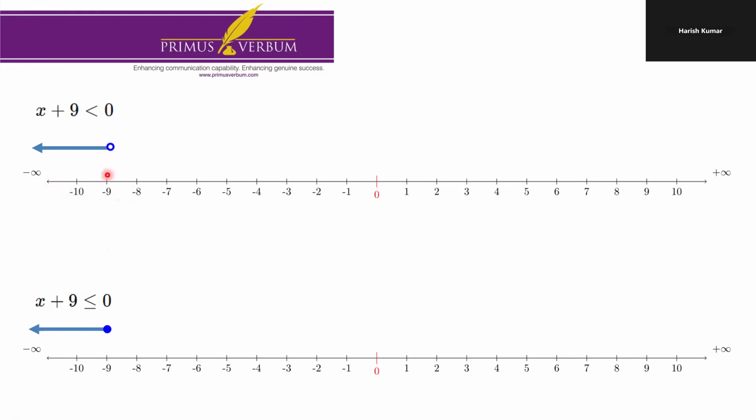And we indicate the exclusion through an empty circle. And in the case of this inequality, x plus 9 less than or equal to 0, we have a shaded circle or a filled in circle to indicate that x takes on the values from minus 9 to infinity, including minus 9.